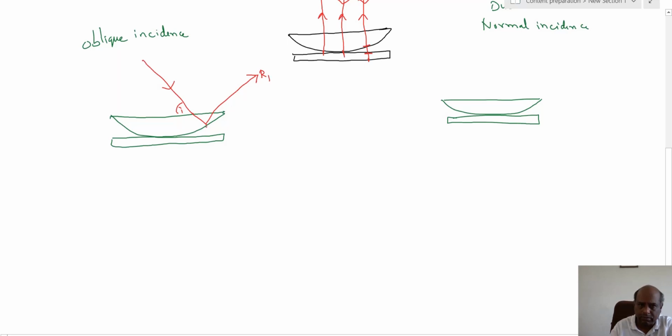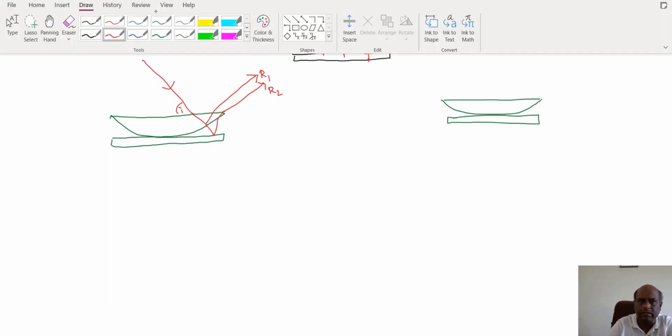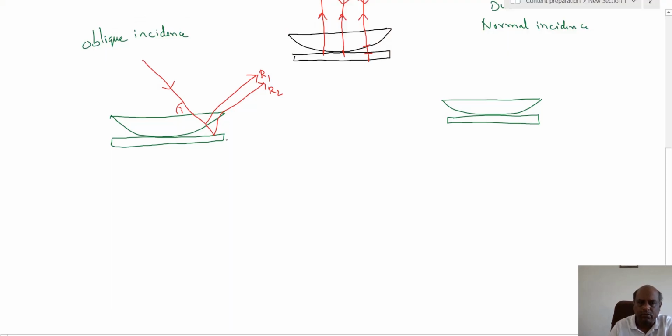From the lower surface, from denser medium to rarer medium, from glass to air, it is moving like this, and it is undergoing reflection from here, and it is emerging parallel to the ray. So it is the same as the case in our thin films. In thin films also, we told you that amplitude division is taking place and we are getting R1 and R2, and we identified the total path difference.